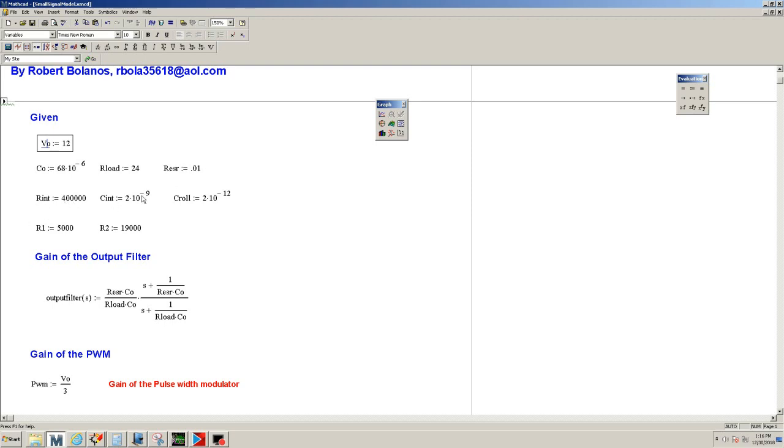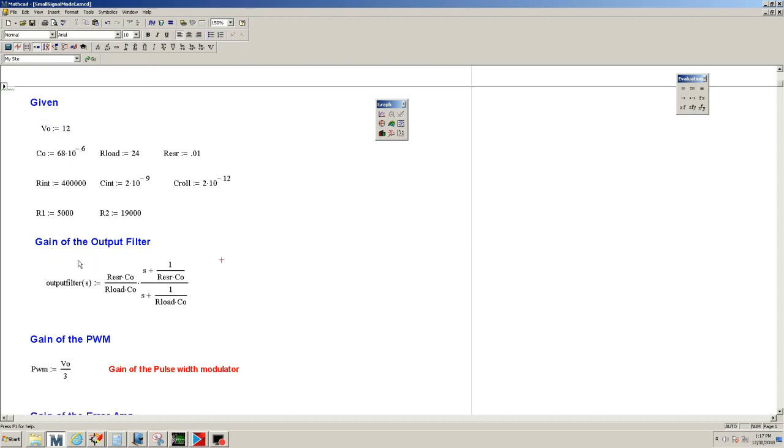These are my compensation components. Here's my integrator resistor, integrator cap, my roll-off cap, and then my divider. Here's the gain of the output filter, and you define it. Make sure that you include this term because it's in terms of the S domain.